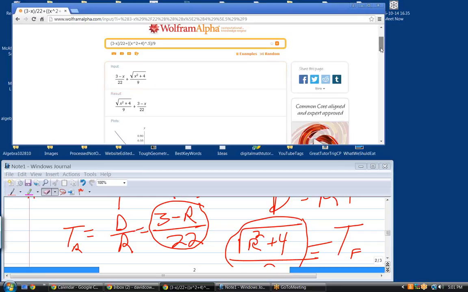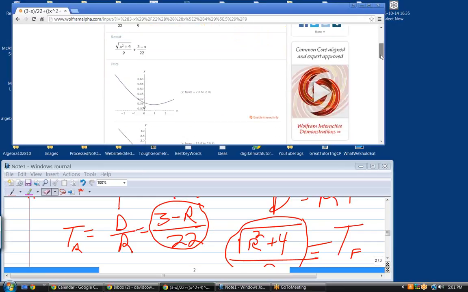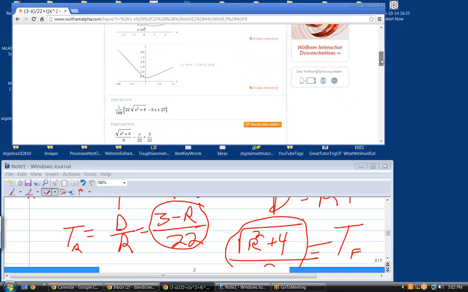Okay, so let's look at that. That's our function. We can see where the minimum is. It's right there. In other words, it is a parabola. And the minimum occurs, it looks like the minimum occurs at r equals 1.